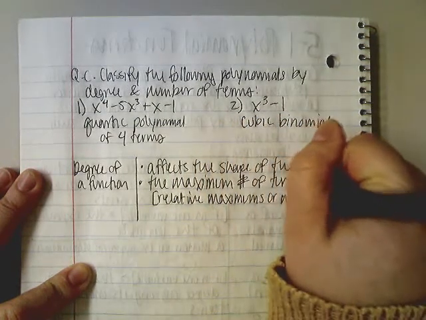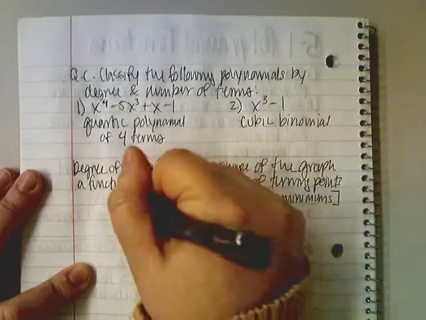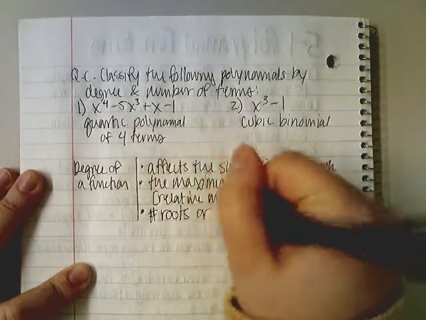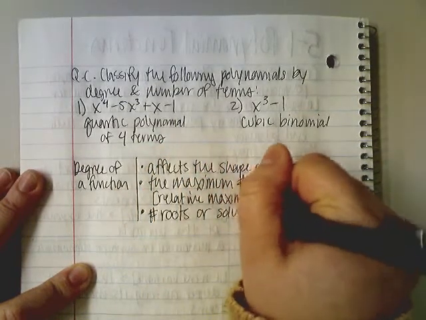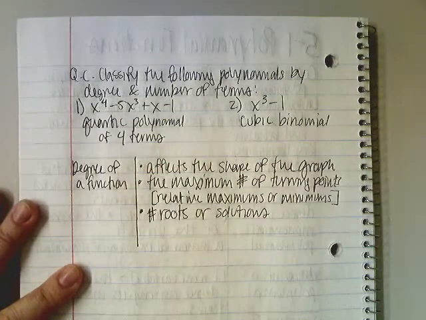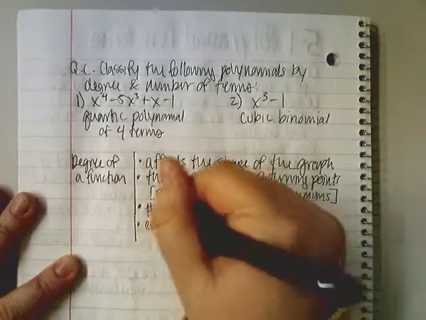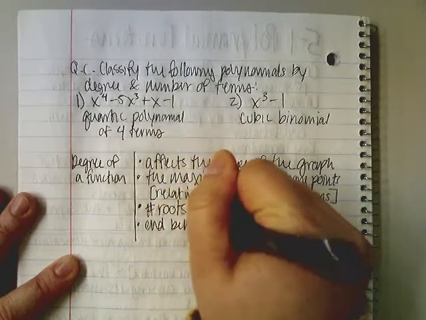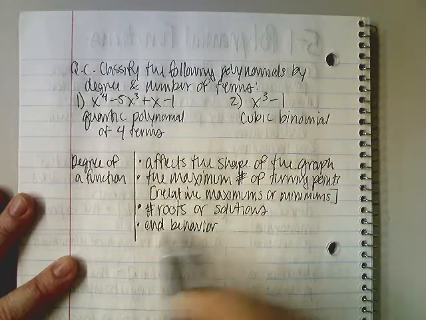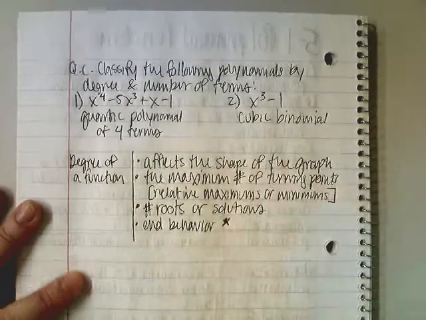And we'll spend more time talking about those first 2 points later in this unit. We're also going to spend more time later talking about the number of roots or solutions. So the degree of a function affects all of these things, as well as our focus for the rest of this lesson, the end behavior. So we'll talk about the shape, the maximums, minimums, the number of roots or solutions later on, but today we're focusing on end behavior.